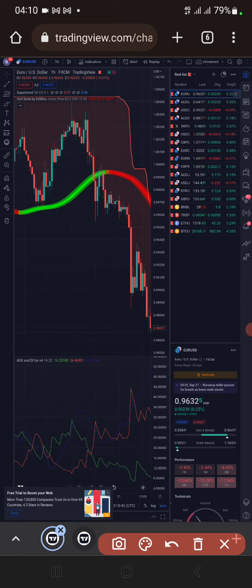So as you can see, our purple line over here moved from down to up, and we have a cross over here for a bear market.